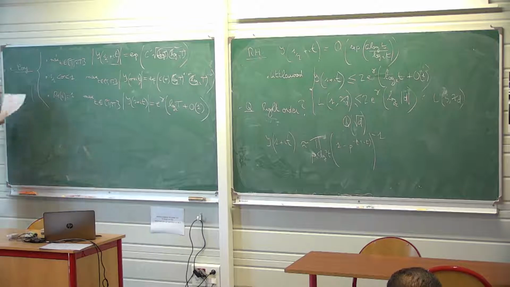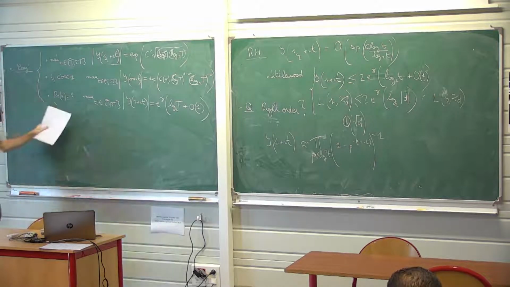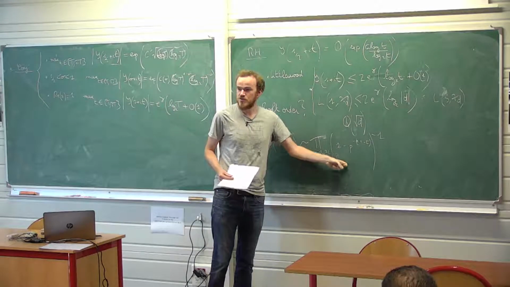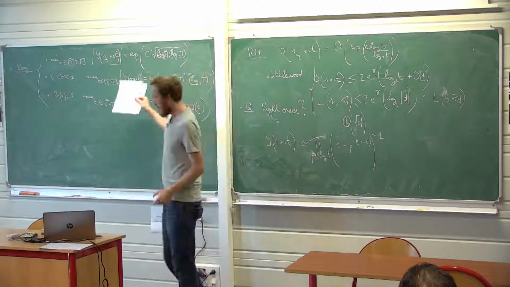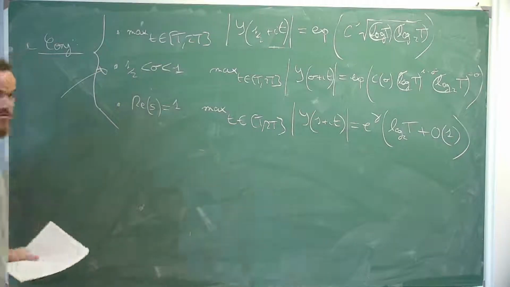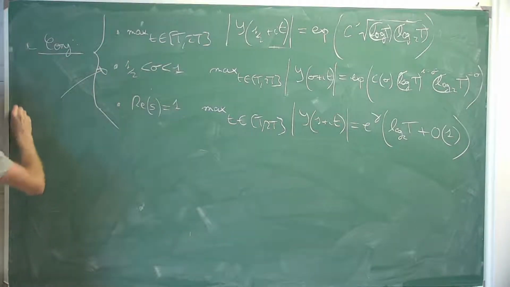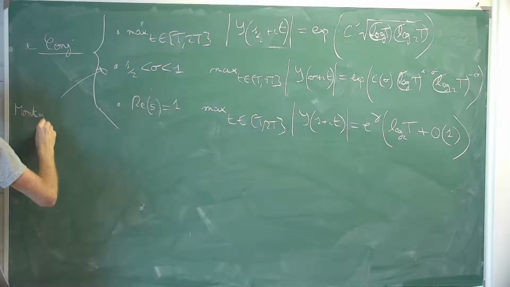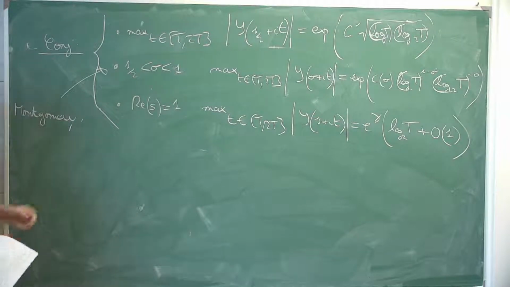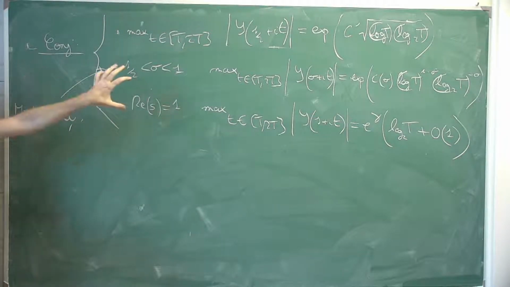So this could come from a heuristic coming from the short Euler product. So you can make some precise conjecture, and actually here you can prove it. It was proved by Montgomery, but only for the Riemann zeta function.